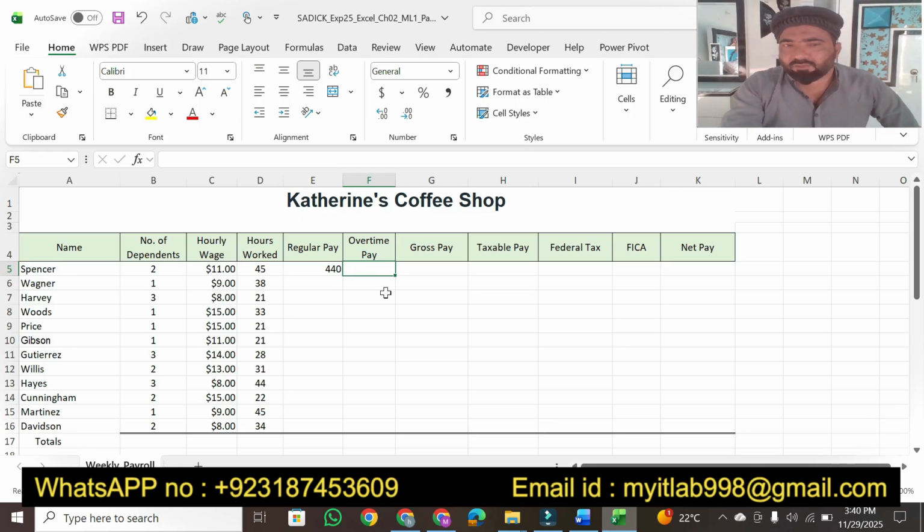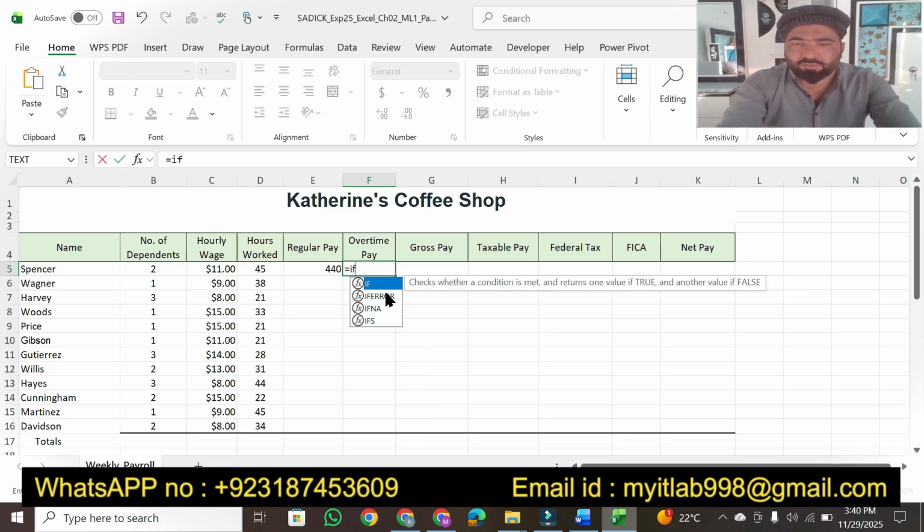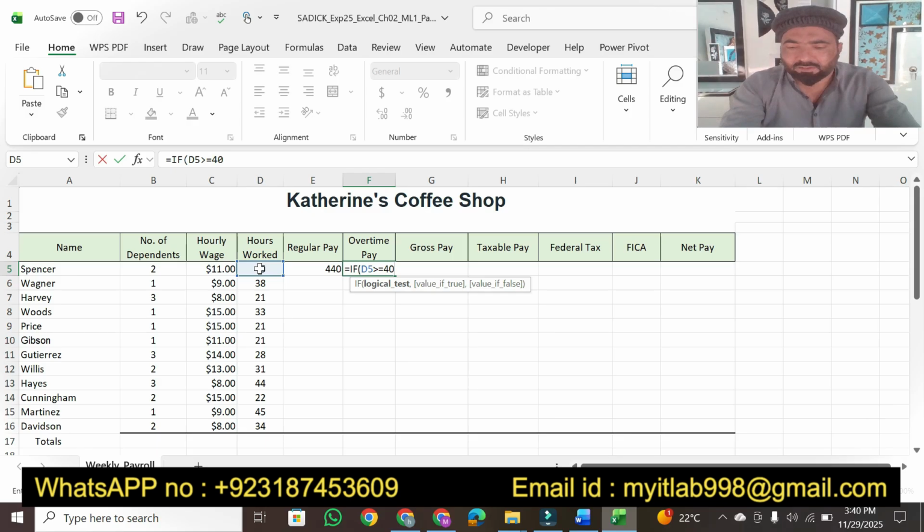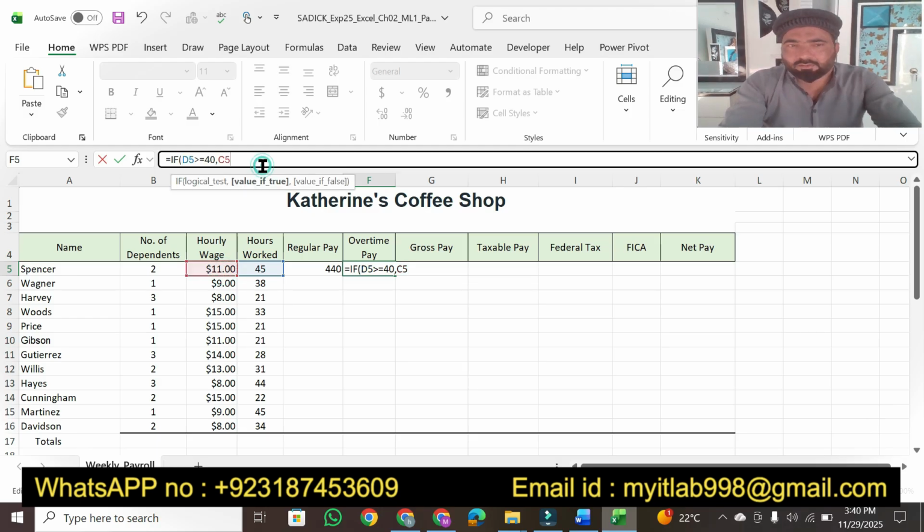So for overtime, we have to again use the IF function. If our work is greater than or equal to 40, then this one multiply by this one.